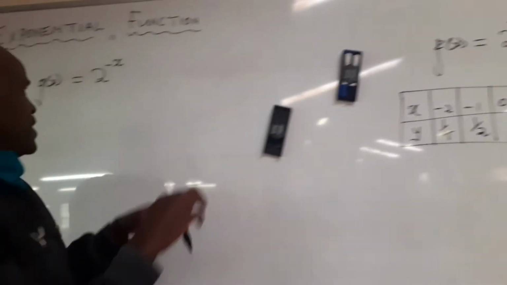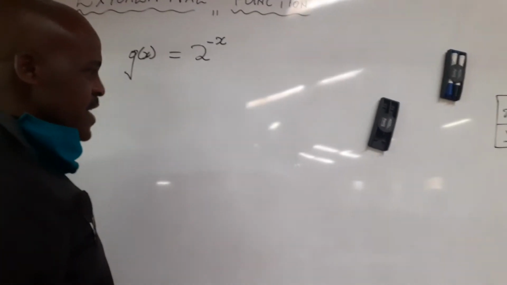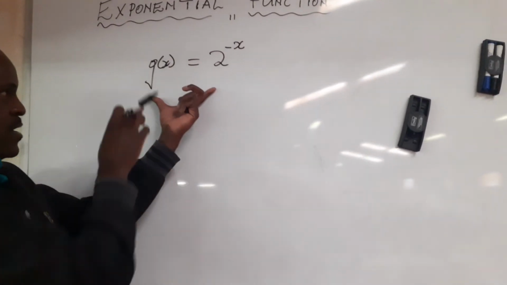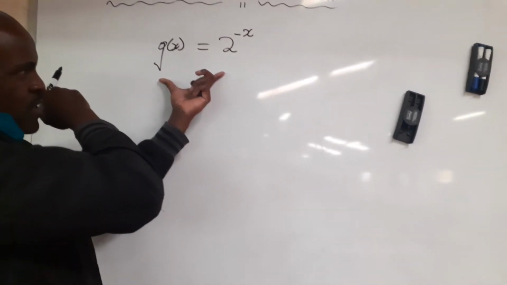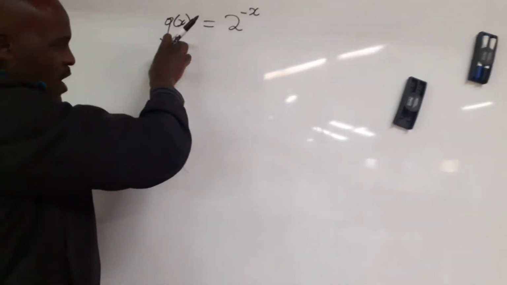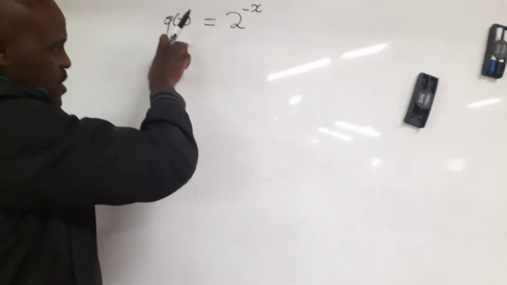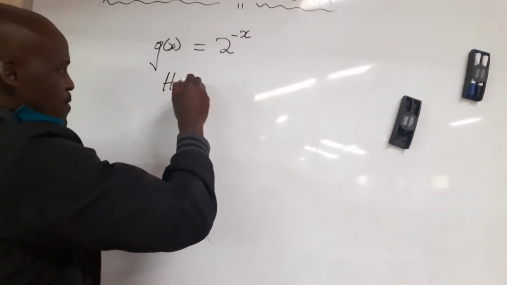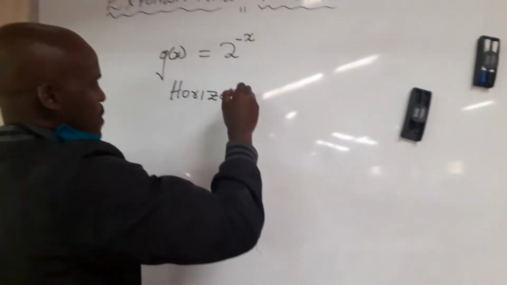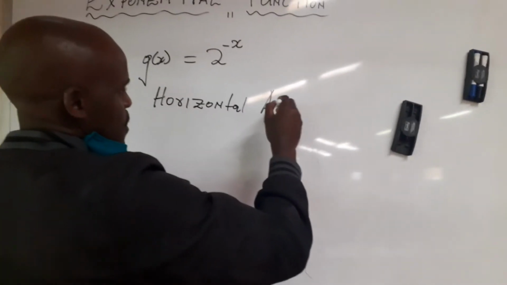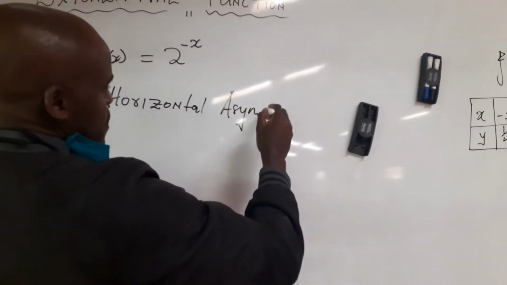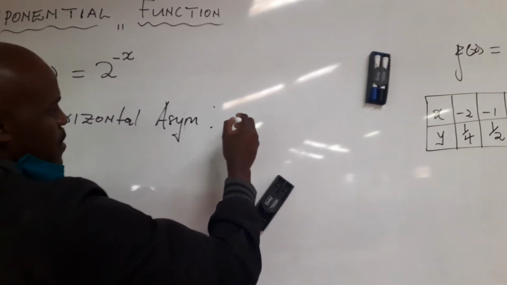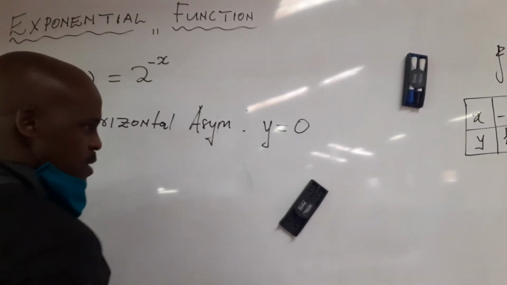And then here we are having exponent negative x. Right, again here, if we put 0 there, it won't exist, which means our horizontal asymptote is y equal to 0.